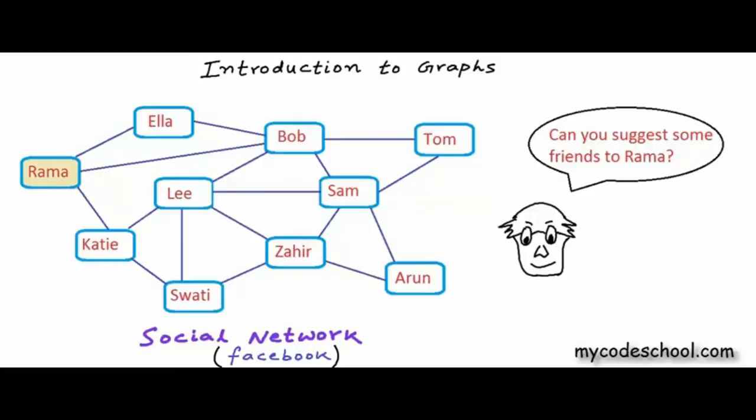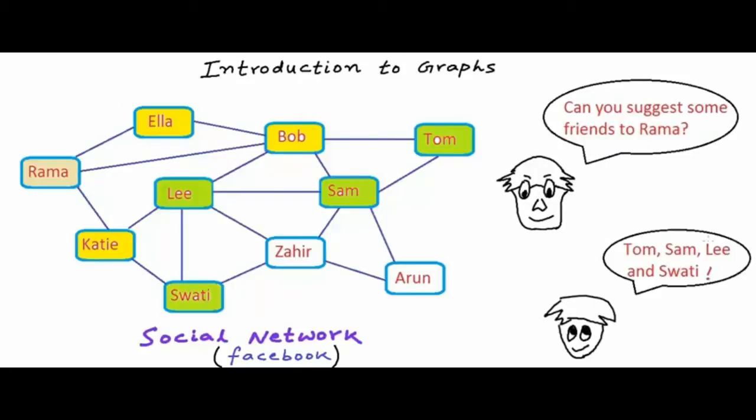Rama has three friends: Ella, Bob, and Katie, and friends of these three that are not connected to Rama already can be suggested. There is no friend of Ella which is not connected to Rama already. Bob, however, has three friends, Tom, Sam, and Lee, that are not friends with Rama, so they can be suggested. And Katie has two friends, Lee and Swati, that are not connected to Rama. We have counted Lee already, so in all we can suggest these four users to Rama.